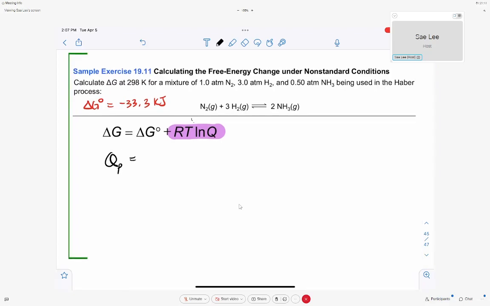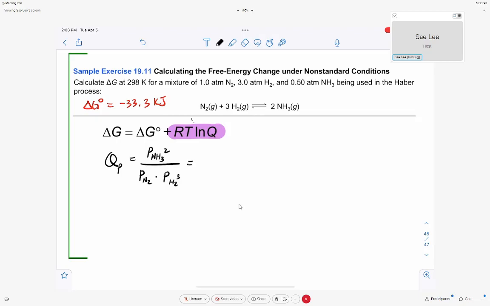The equation for QP is going to be partial pressure of product raised to the power equivalent to the coefficient, which is 2, divided by partial pressure of the first reactant raised to the power 1, times partial pressure of the second reactant, hydrogen, raised to the power 3.